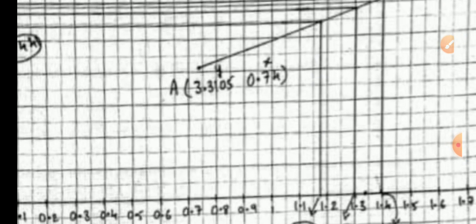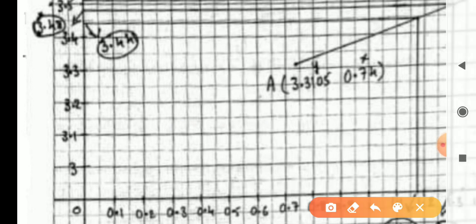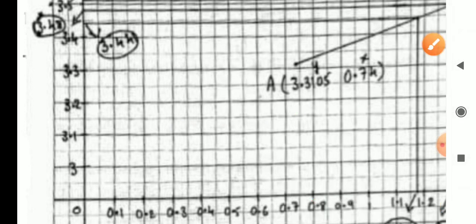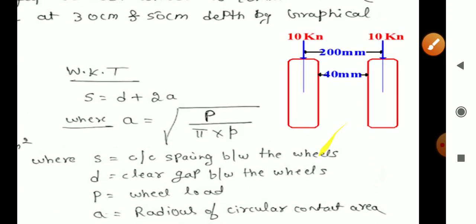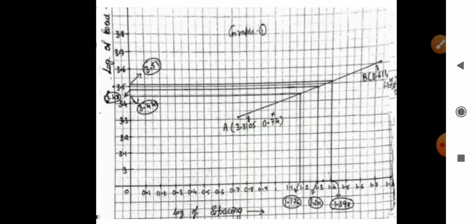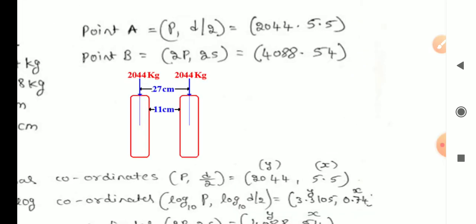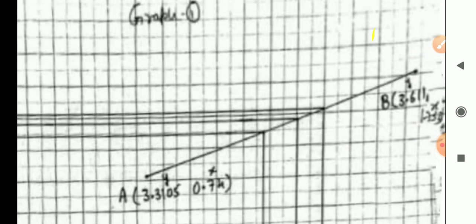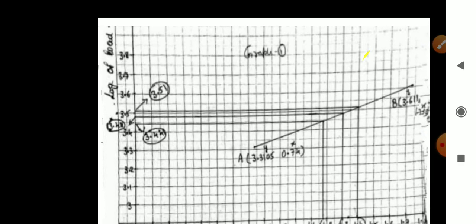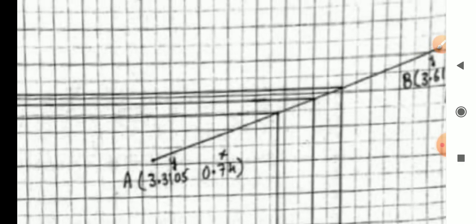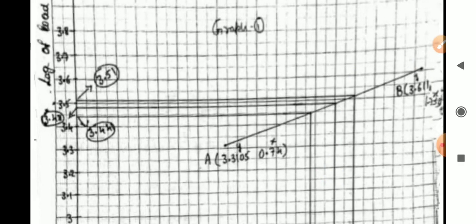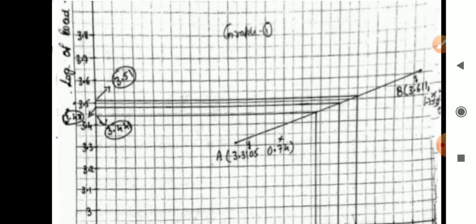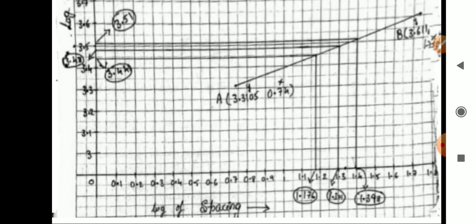Similarly, 3.61 is on the y axis and 1.73 is on the x axis. So that we have to plot in the graph.